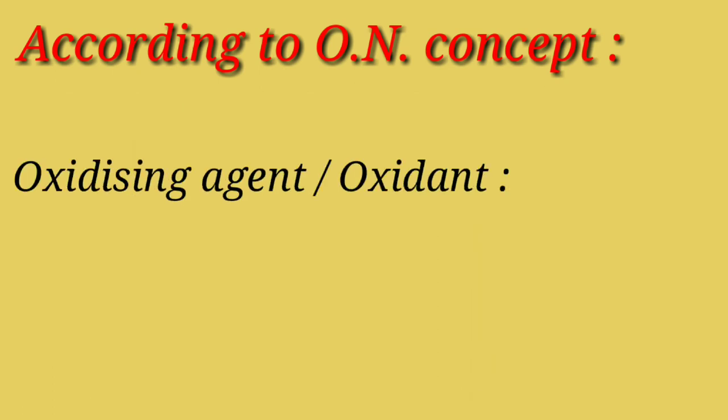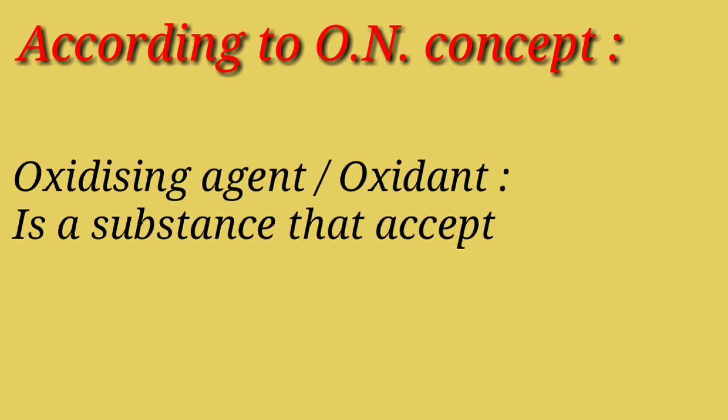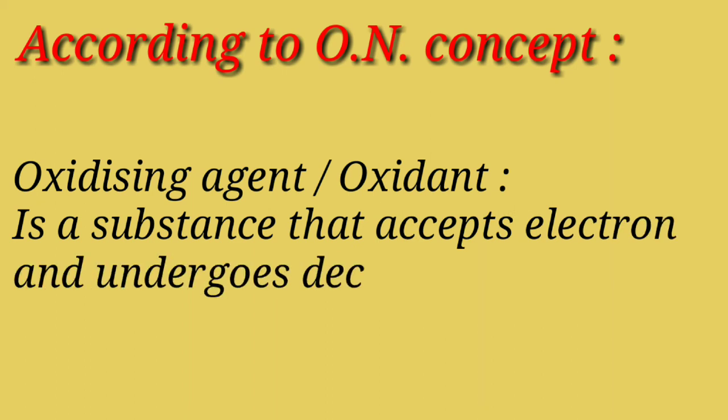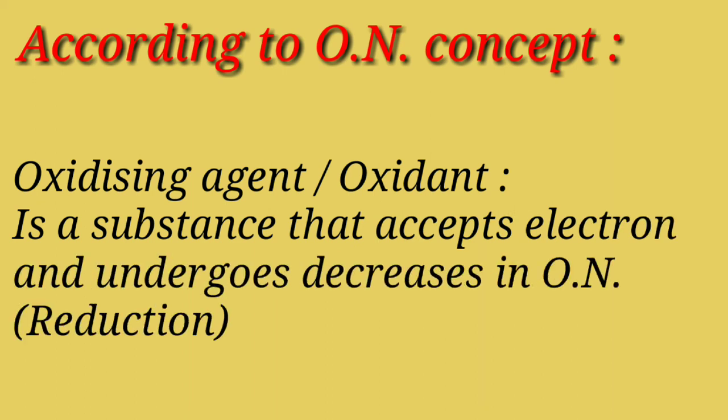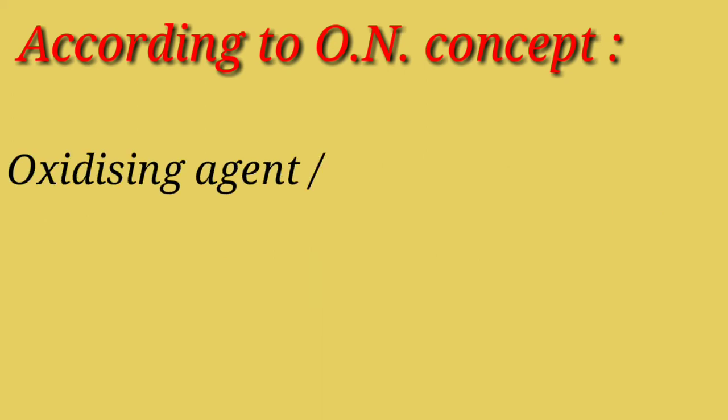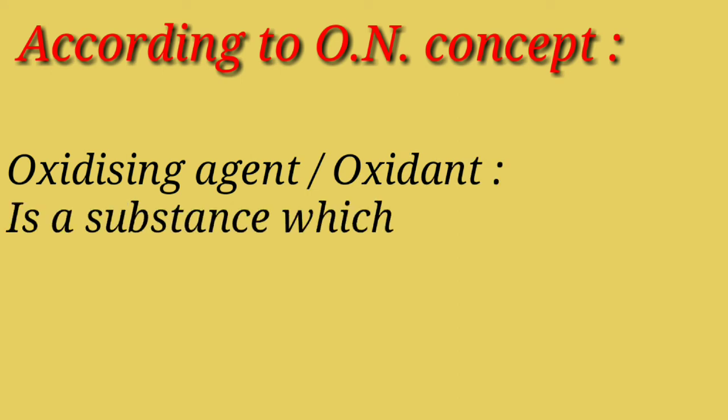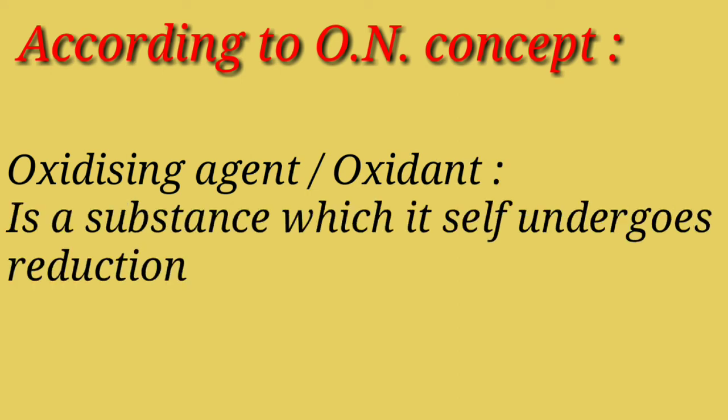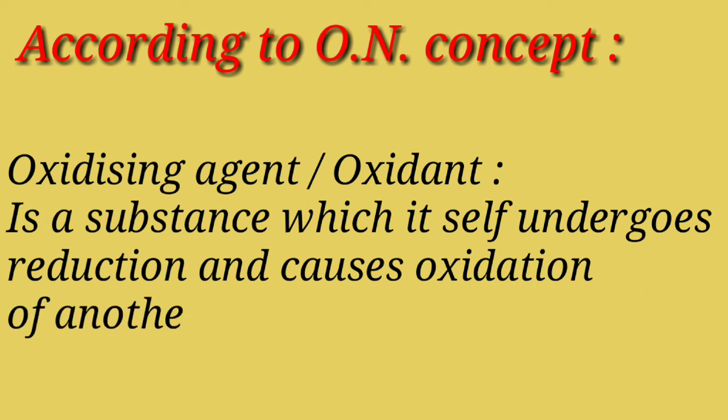An oxidizing agent or oxidant is a substance that accepts electrons and undergoes a decrease in oxidation number, that is, reduction. Or we can also say that an oxidizing agent is a substance which itself undergoes reduction and causes oxidation of another species.